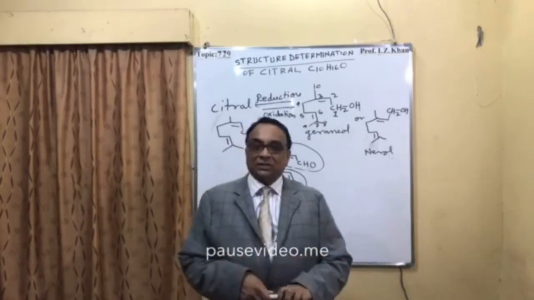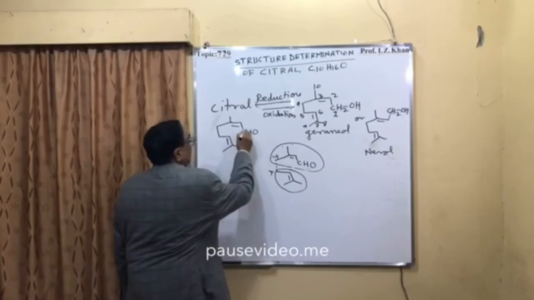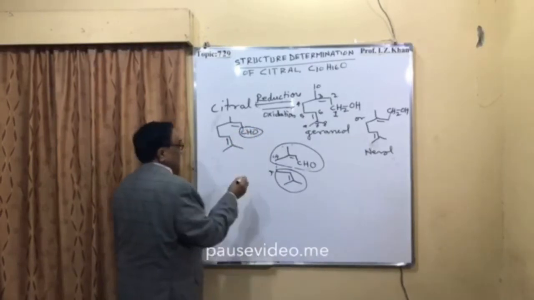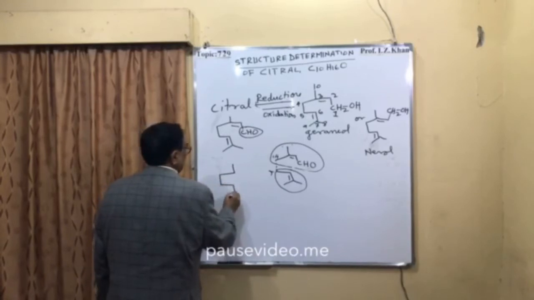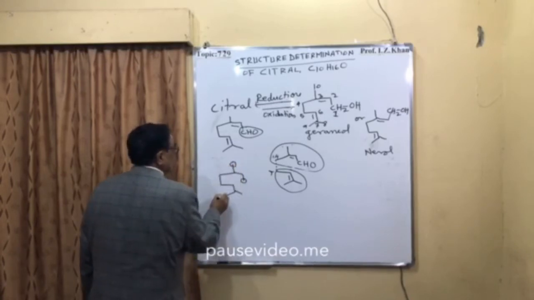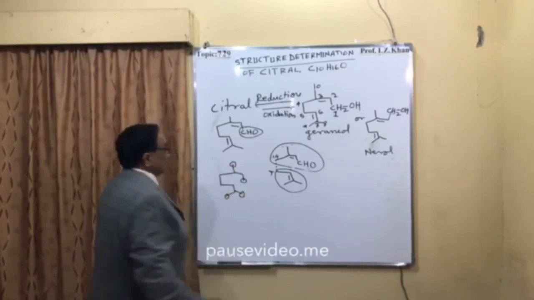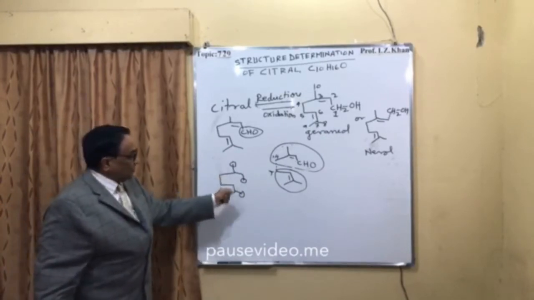Now the next question comes: where is this aldehyde group linked? For citral we have 1 terminal carbon, 2, 3 and 4. So your citral carbon skeleton has 4 terminal carbons.